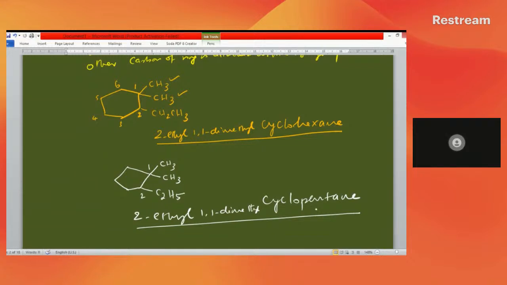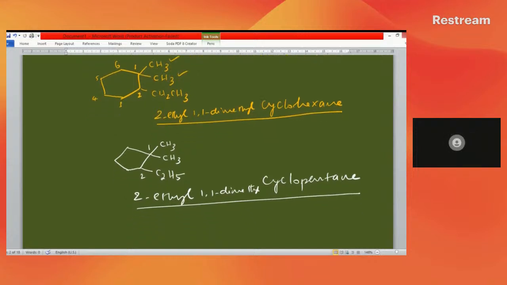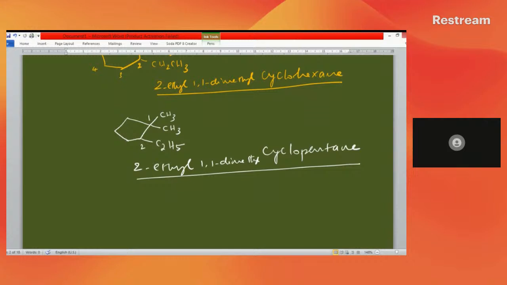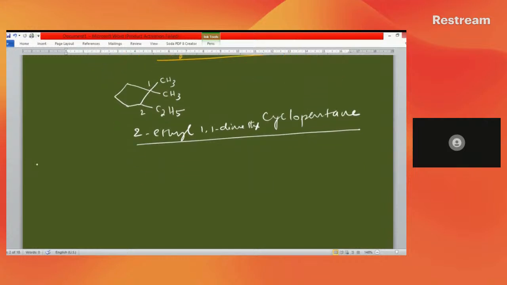Okay. Apart from this, there is the other rule: when the ring has unsaturation, which means a double bond, and a substituent, which is to be given preference?